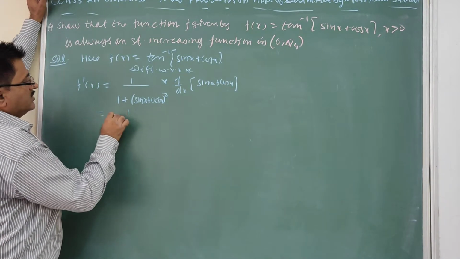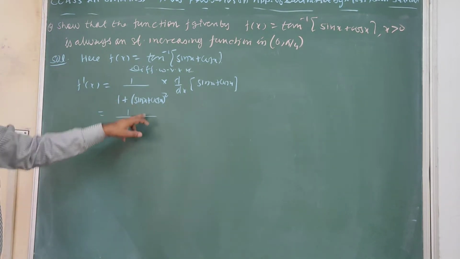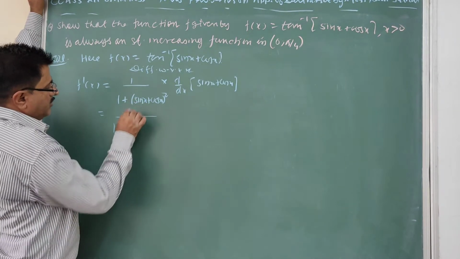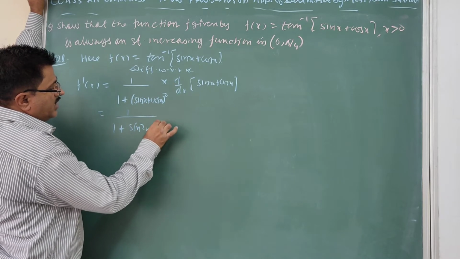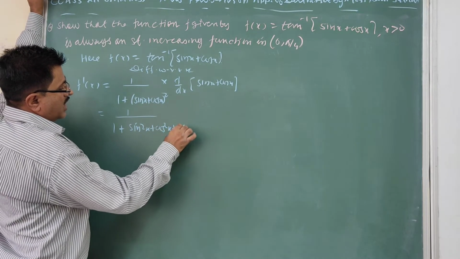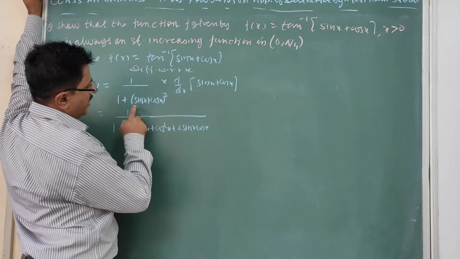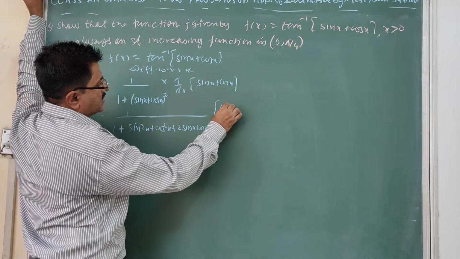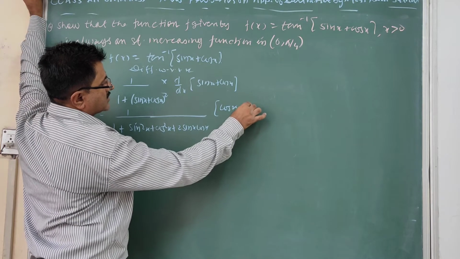So simplify this: 1 plus sin x plus cos x whole square. If you simplify, it will be sin square x plus cos square x plus 2 sin x cos x. We open using the identity a plus b whole square. Now the derivative of sine is cos x and the derivative of cos is minus sine x.